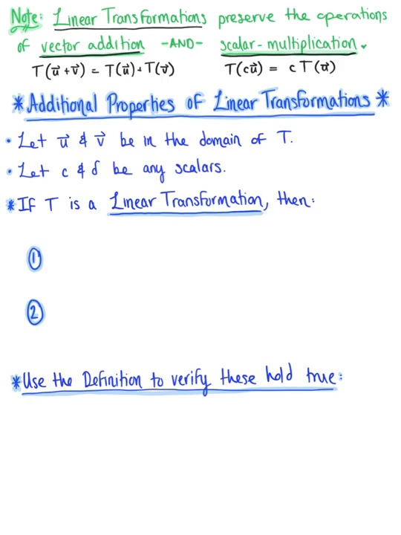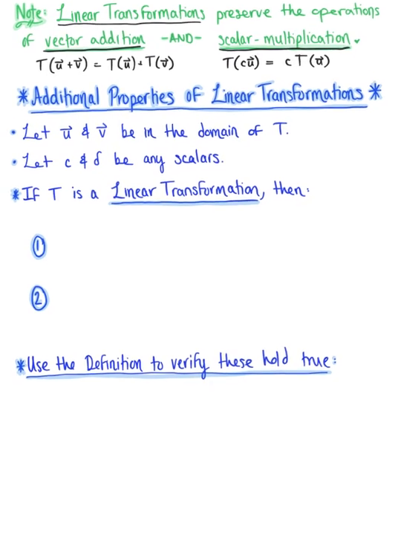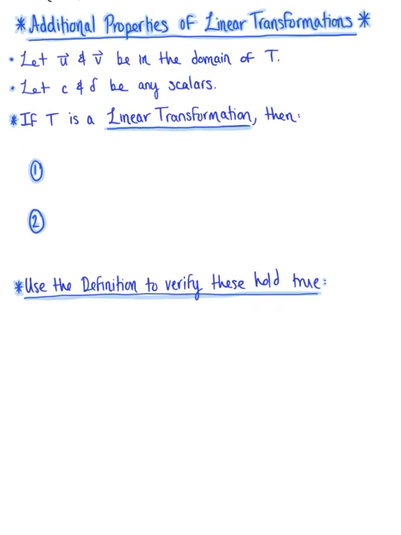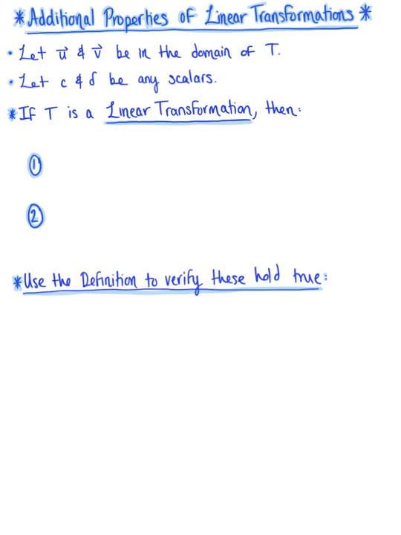So linear transformations preserve these two operations, and this allows us to observe the following properties of linear transformations. Again, let vector u and vector v be in the domain of our transformation T, and let c and d be any scalars our little hearts desire.